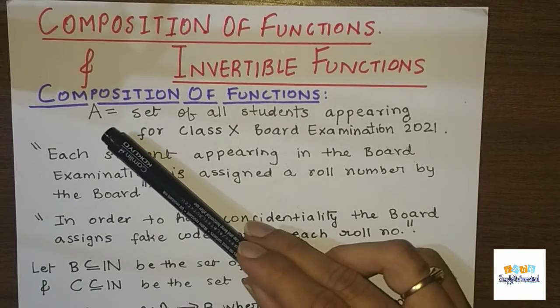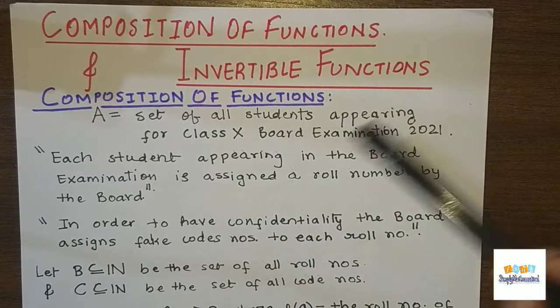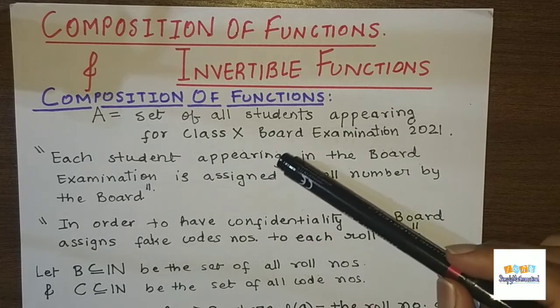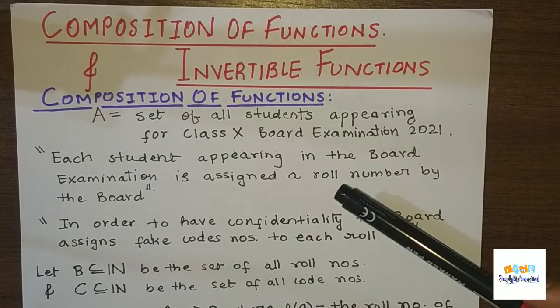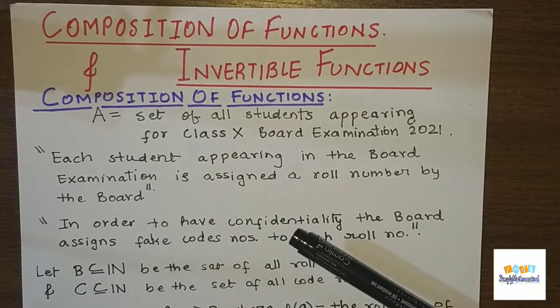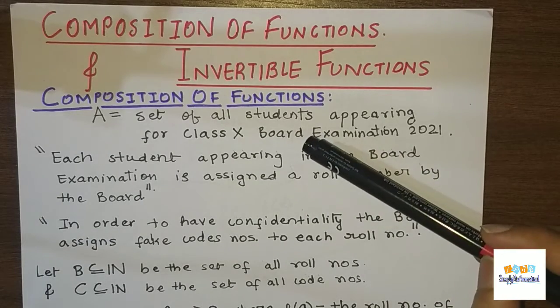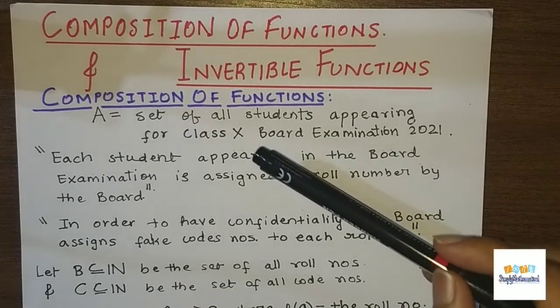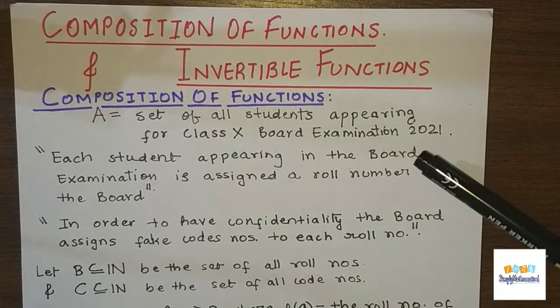So suppose you have a set A which is equal to the set of all students appearing for class 10th board examination 2021. So in this set you have all the students appearing for the board examination of 2021 of class 10th.